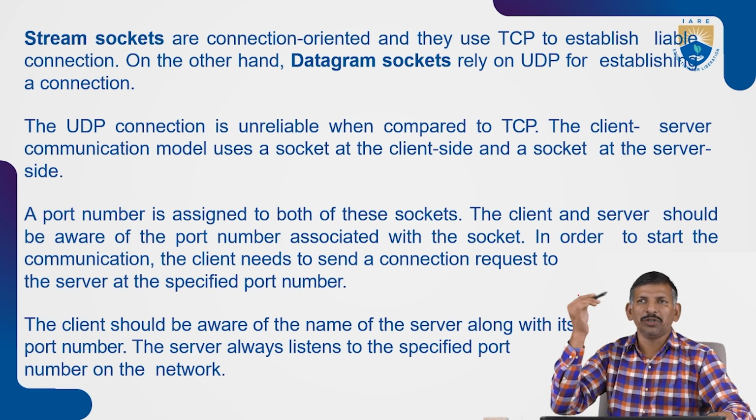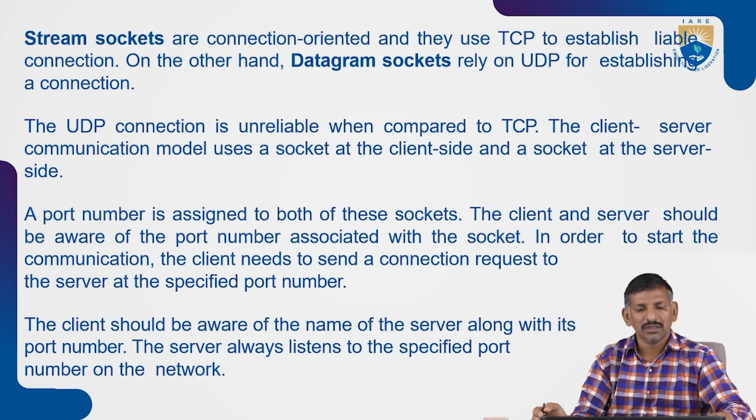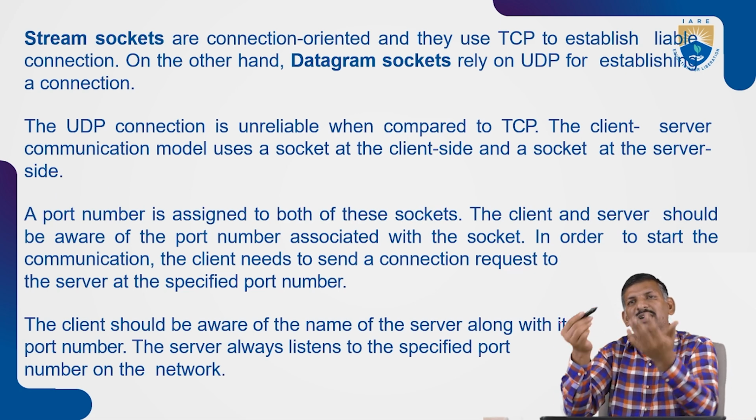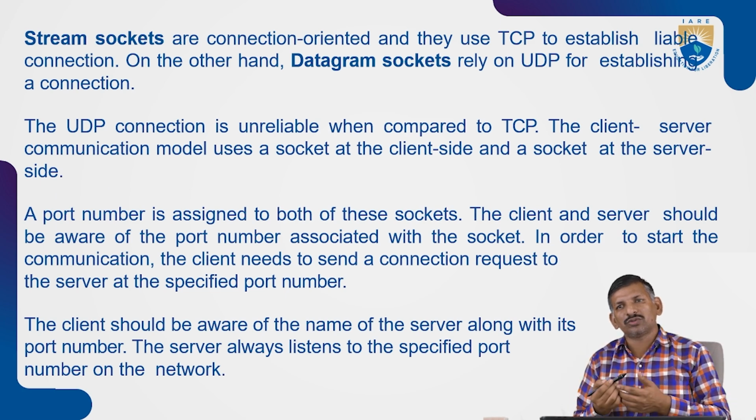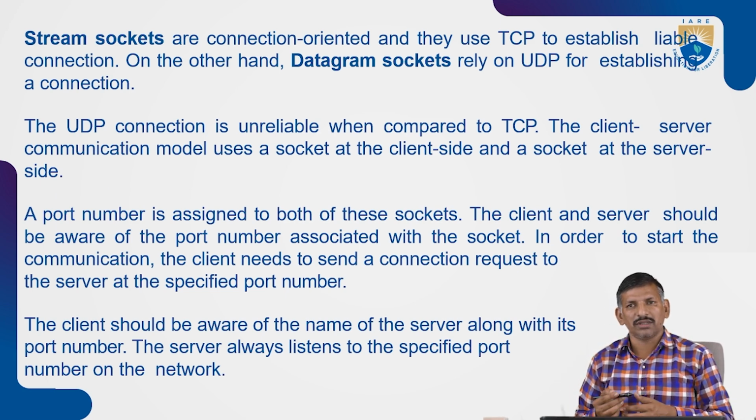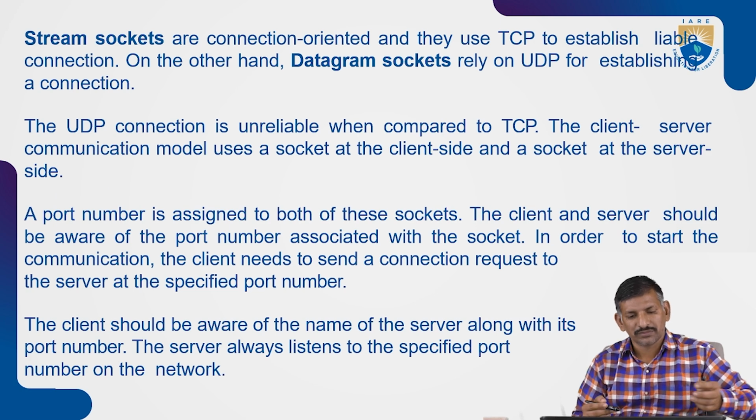So CPU 2 port 1, that is the specified address. The client should be aware of the name of the server along with its port number, that is, to which device or server the client wants to connect.